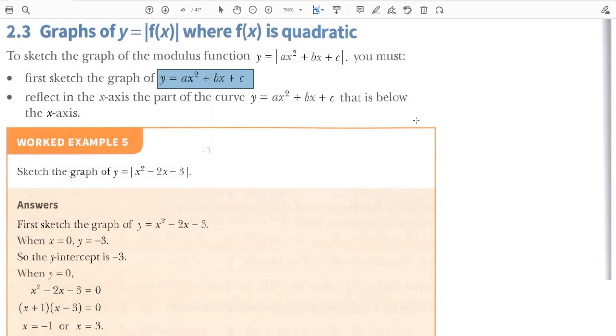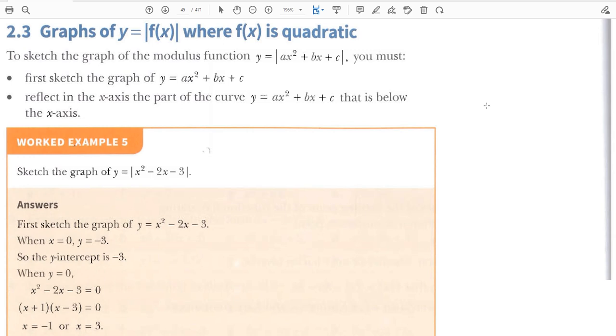Here we are starting all the steps for a quadratic function in the sign of modulus. So to sketch the graph, you can read with me. To sketch the graph of the modulus function y equals absolute ax squared plus bx plus c, you must follow 2 points.